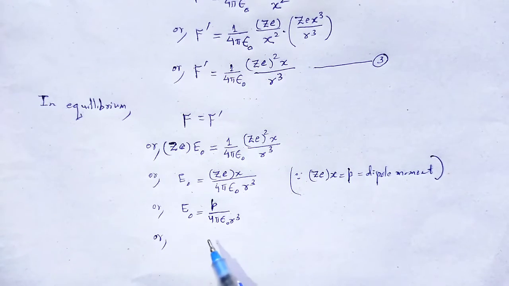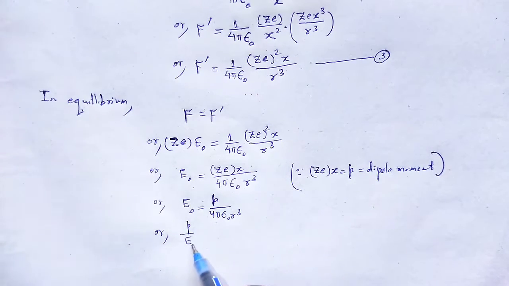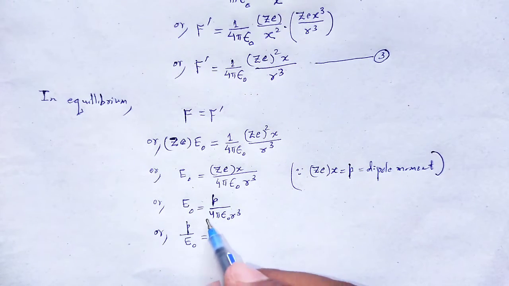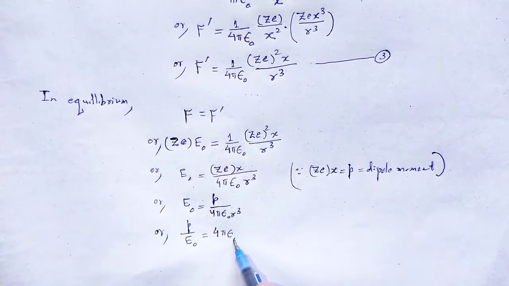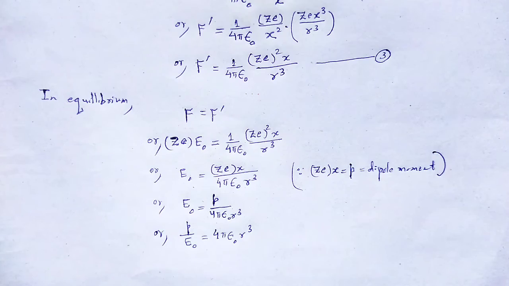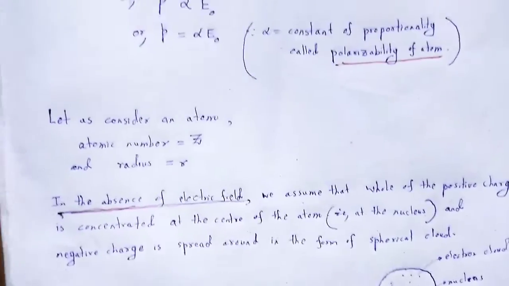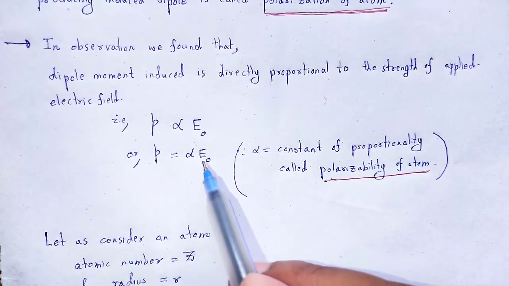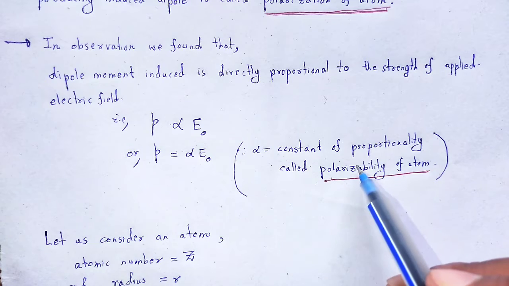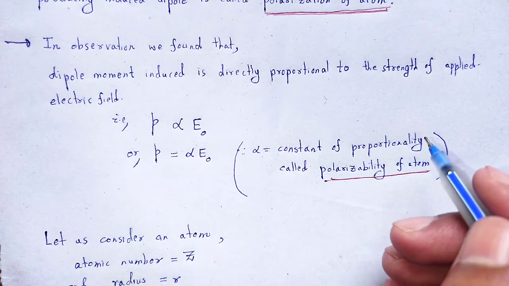Or p by E naught will be 4 pi epsilon naught r cube. From our definition, p is equal to alpha E naught, where alpha is the polarizability of the given atom.